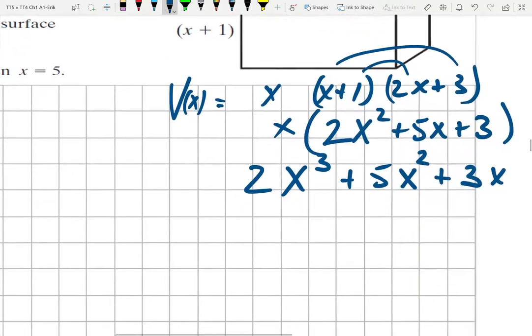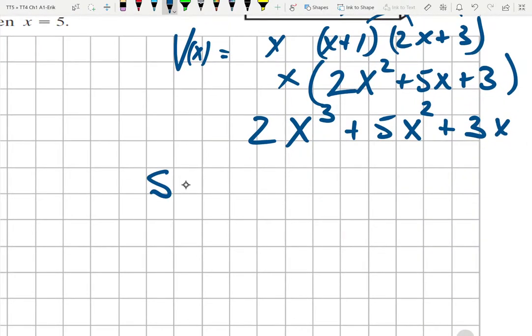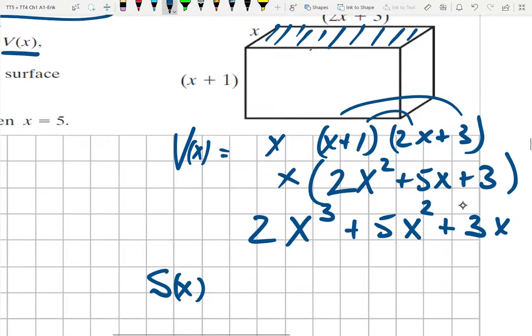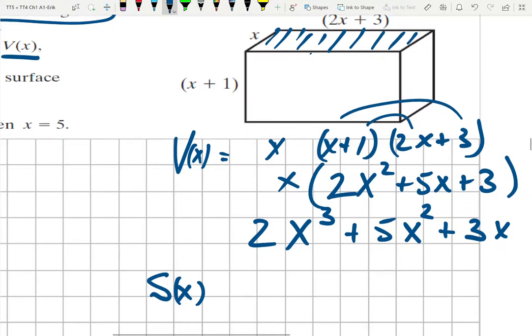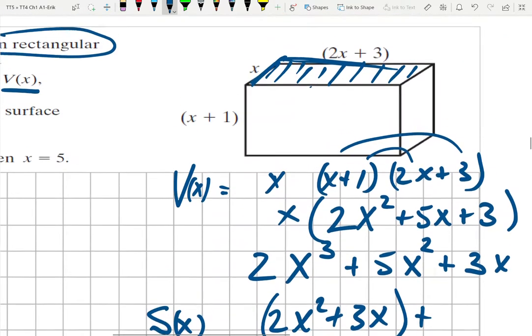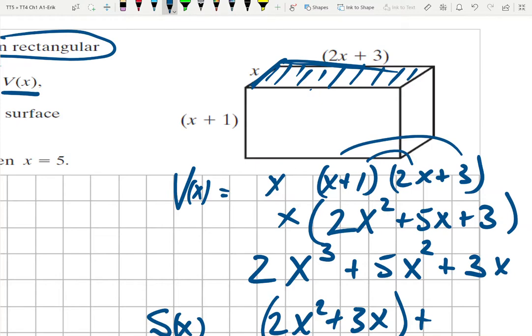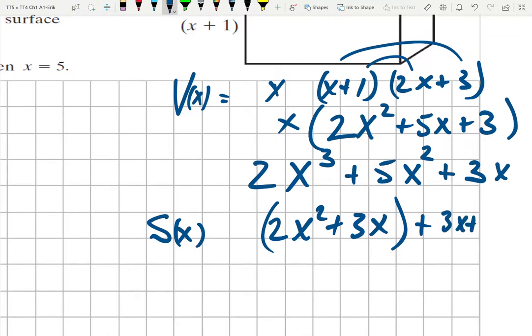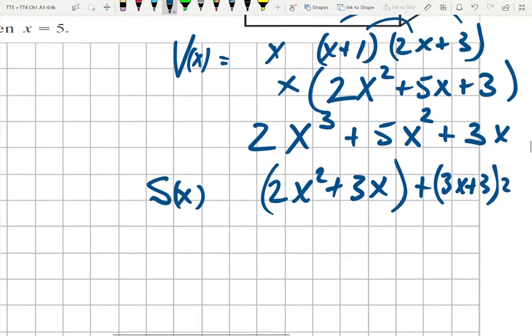And we want S of x, which will be the bottom face, which is, by the way, this and this multiplied by each other, plus this perimeter, which is 3x plus 3, doubled, times x plus 1.